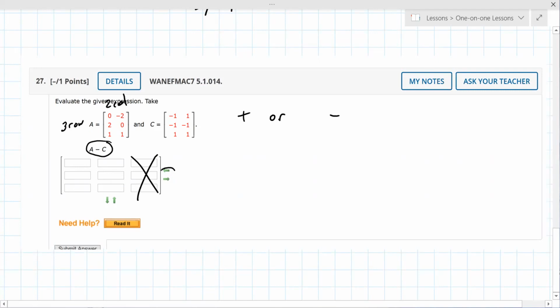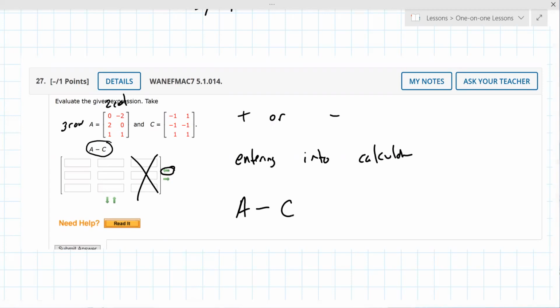So you'll have to use this arrow to change the size on that. And I recommend entering these matrices into your calculator, and then you just use the operations. Like sometimes it might say 2a minus 3c, or a minus 2c, or whatever. It's going to be that simple to do. So that's one example of this.